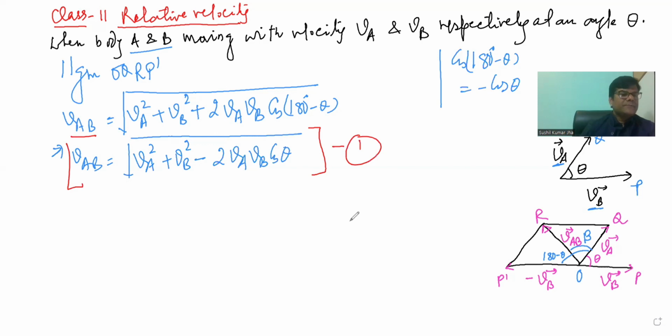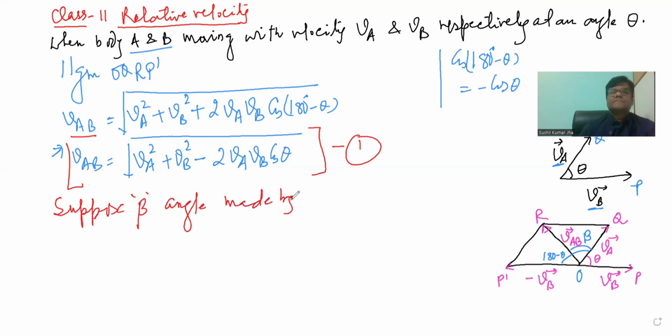Let's say equation 1. Now suppose beta is the angle made by the resultant vector. Then we may write tan beta as perpendicular by base.